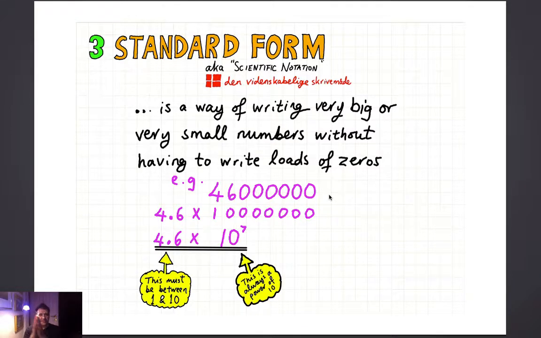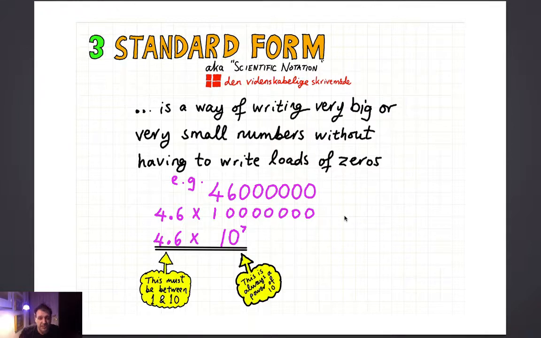Now the way I've set this out in columns with the numbers lined up helps you to get the right number of zeros. So 46 million written on the top there, and if I write the 10 million underneath it with all of the numbers nicely lined up, I can see that 10 million multiplied by 4.6 gives me a number that's 40 million and a bit, 46 million, because 10 million has got a 1 in the first digit, but 46 million has got a 4 in the first digit.